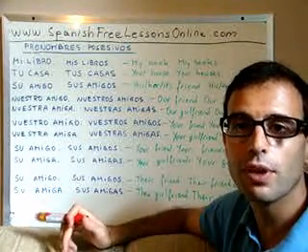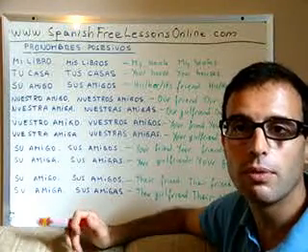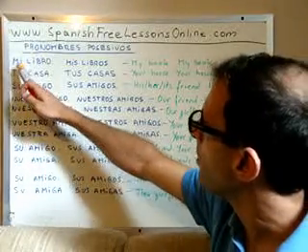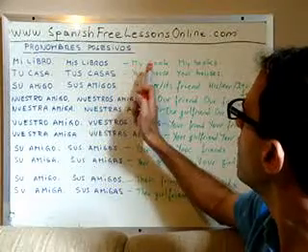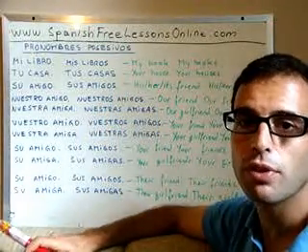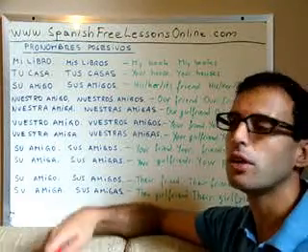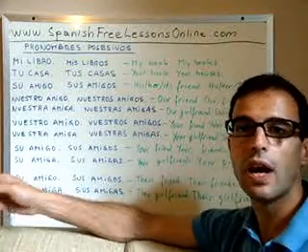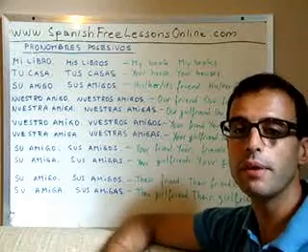Pronombres posesivos en español. This is possessive pronouns in Spanish. Mi libro. This means my book, right? So the pronombres posesivos is what in English we call my, your, his, hers, its, our, their, your, okay?